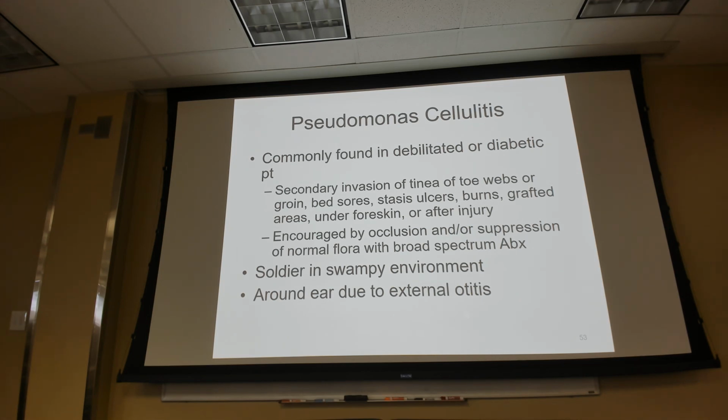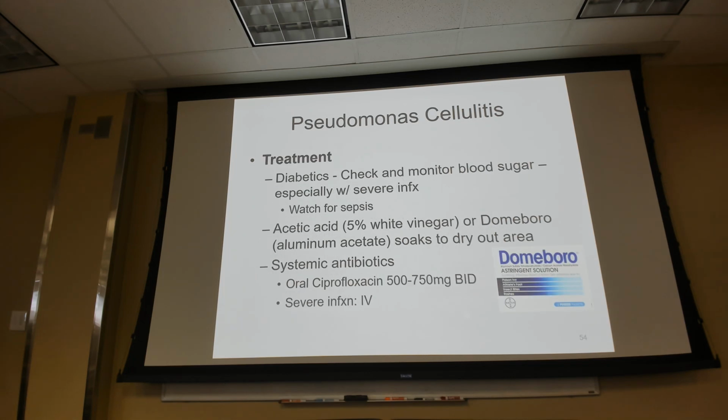And again, just like the external auditory canal that we just talked about, you will also have this one at the ear. How do we treat it? If they have diabetes, then of course, we're still going to be checking their labs, their sugar. We're going to watch them for sepsis, but it's just written up there, reminder.